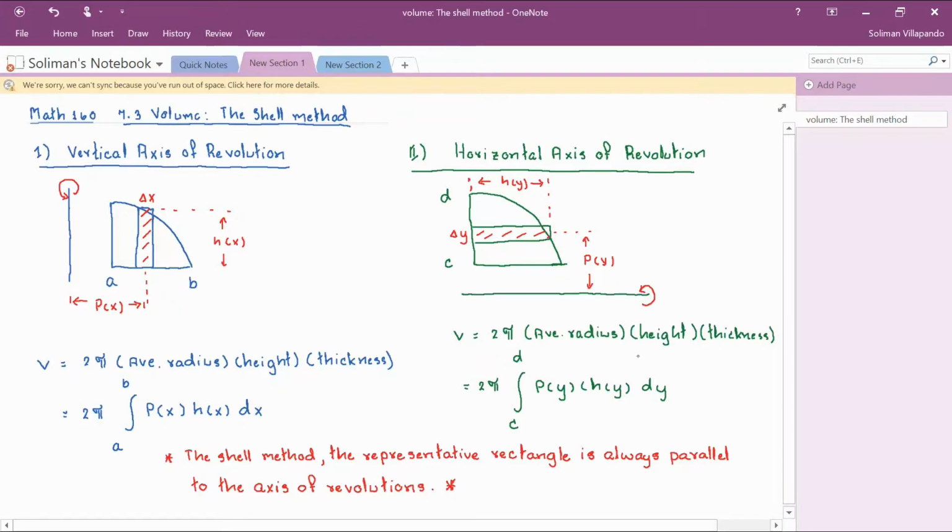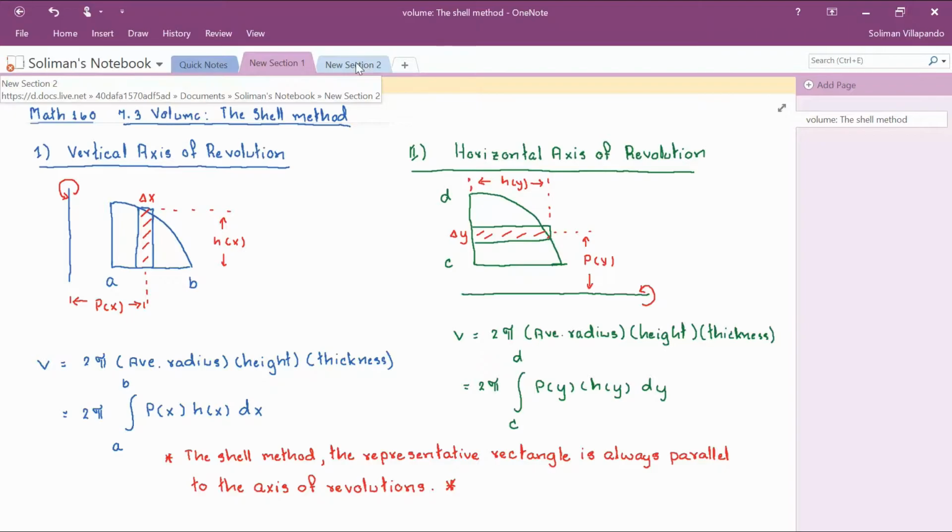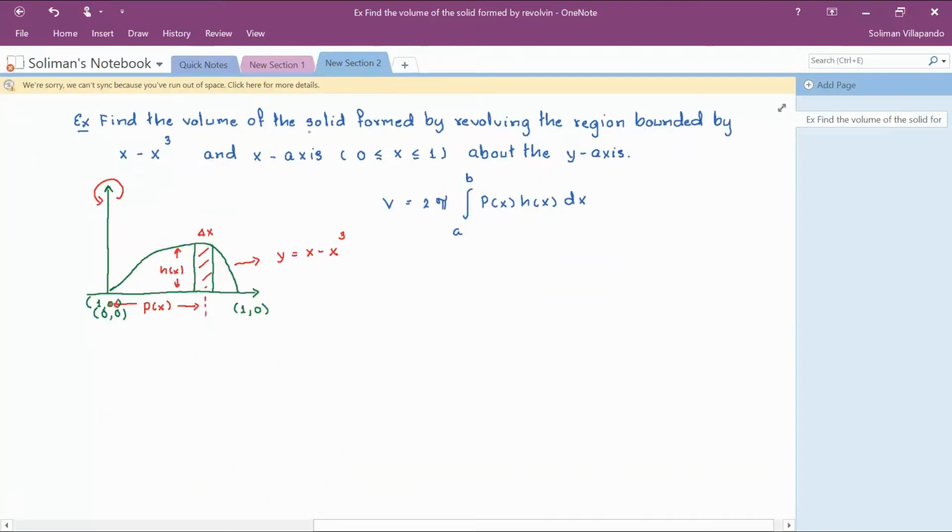Now let's take a look at an example. Find the volume of the solid formed by revolving the region bounded by x minus x cubed and the x-axis, with x greater than or equal to 0 and less than or equal to 1, about the y-axis. I have a graph here.